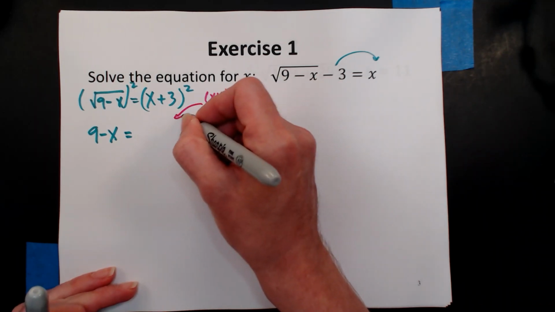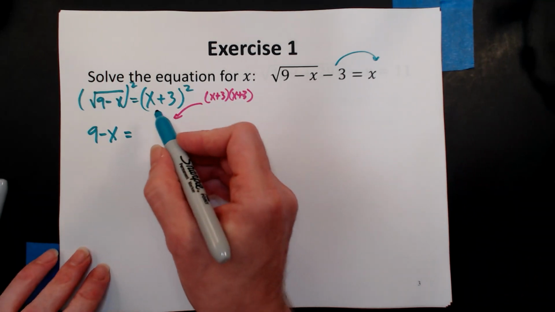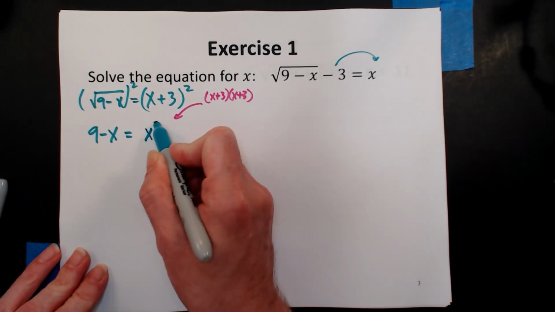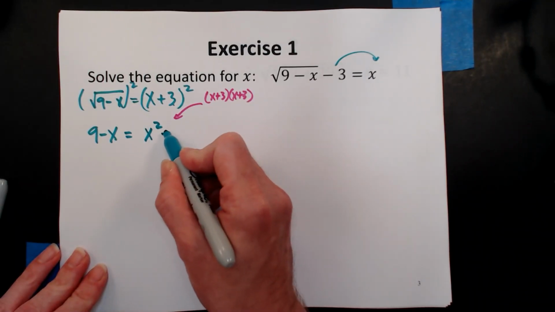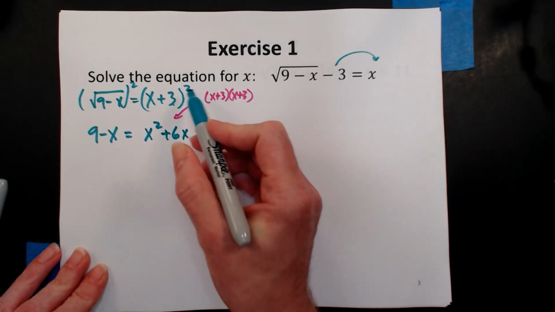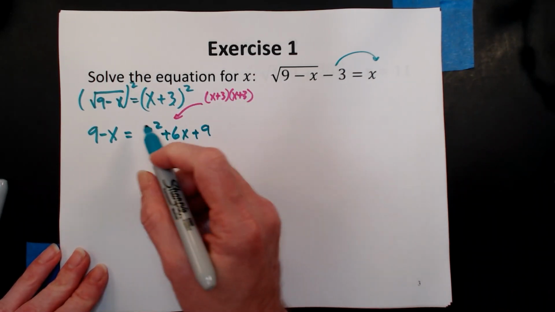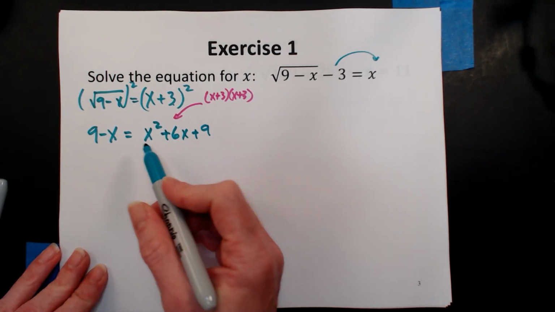I need to FOIL that out. x times x is x squared. Then x times 3 is 3x, and 3 times x is 3x, so that's plus 6x. And then 3 times 3, which is 9, plus 9. So I've FOILed it out. You can't just square each term, otherwise you'll miss the 6x in the middle.